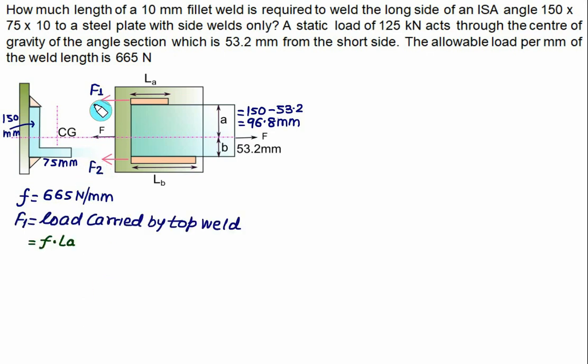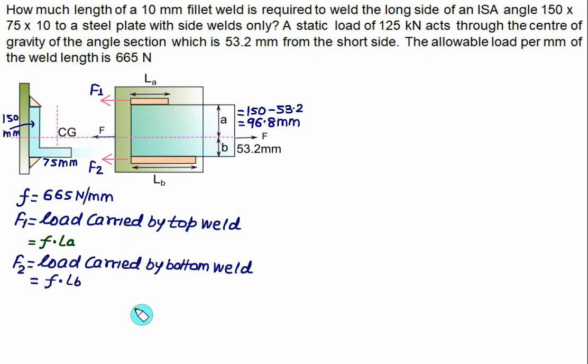So we can calculate the force based on F. You simply multiply it by length, and the answer will be in Newton. So F1, the load carried by the top weld, is F multiplied by LA. In a similar way we can calculate F2, the load carried by the bottom weld, as F multiplied by LB. So again we have two unknowns, LA and LB, and we have two governing equations. The first equation is summation of Fx equal to 0. So we have F equal to F1 plus F2.